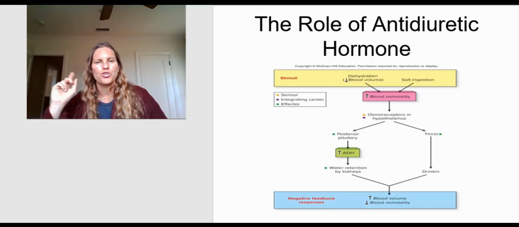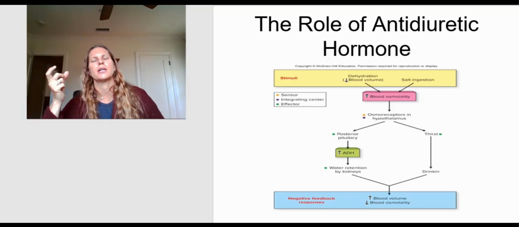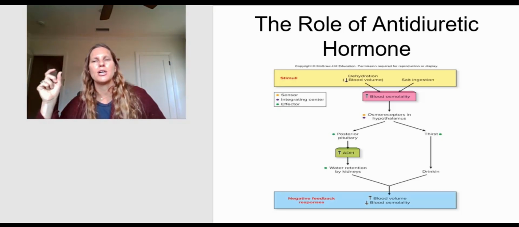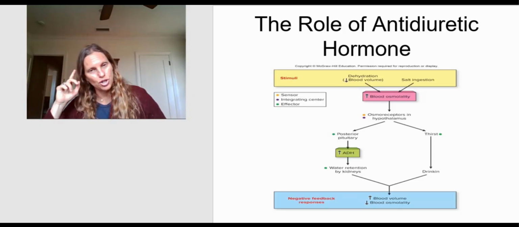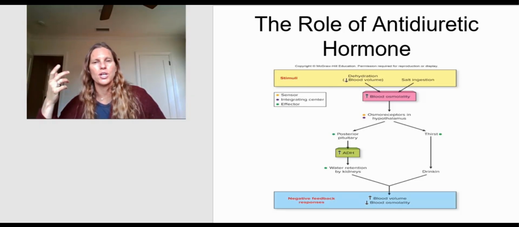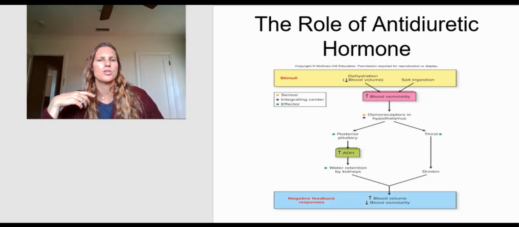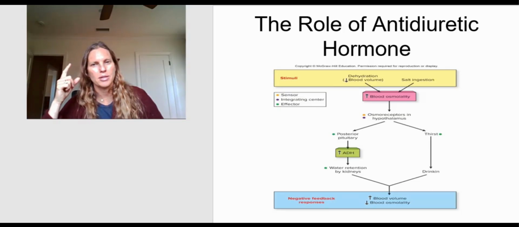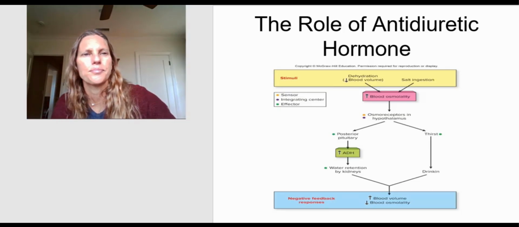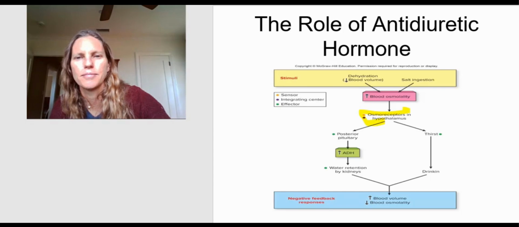There are receptors in the hypothalamus that are sensitive to the concentration of your blood, which is the plasma osmolarity. Those receptors are called osmoreceptors, and they're in your hypothalamus. You can see them right here.